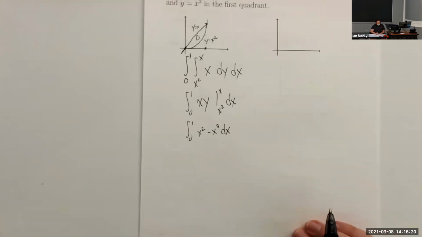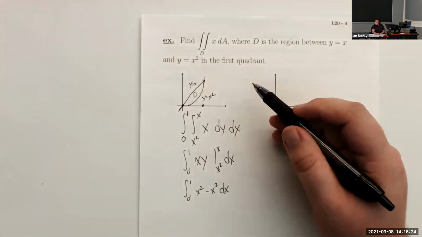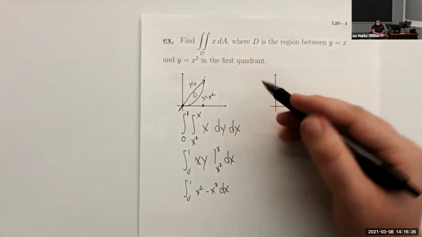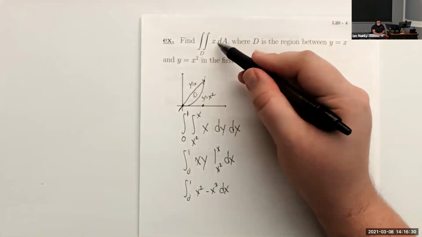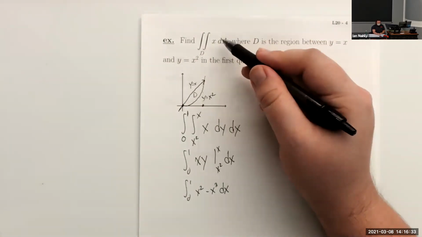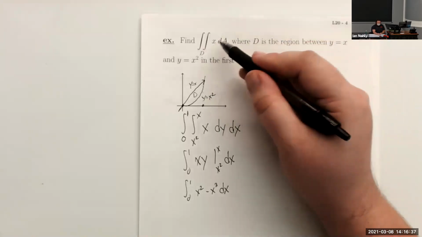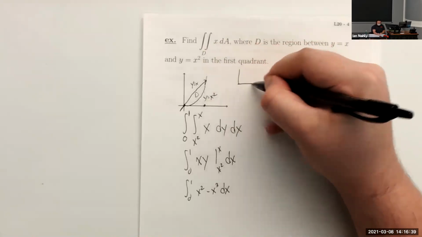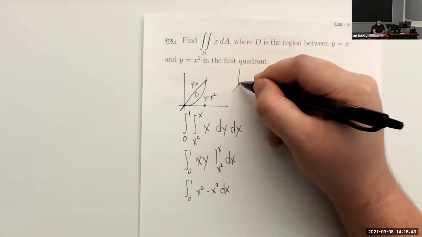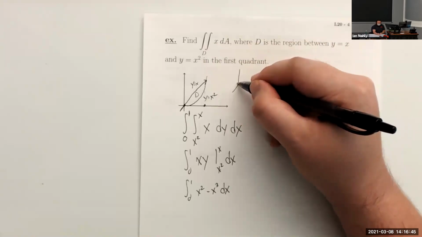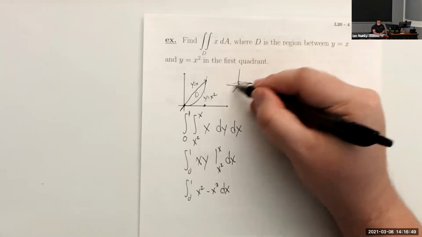So let's continue here. I think some people are confused about what we're actually doing in this problem. If I were to draw this in 3D, we would have the plane z equals x. And so the bigger the x value is, the higher up we're going to be. So it would be kind of like this diagonal plane going up.